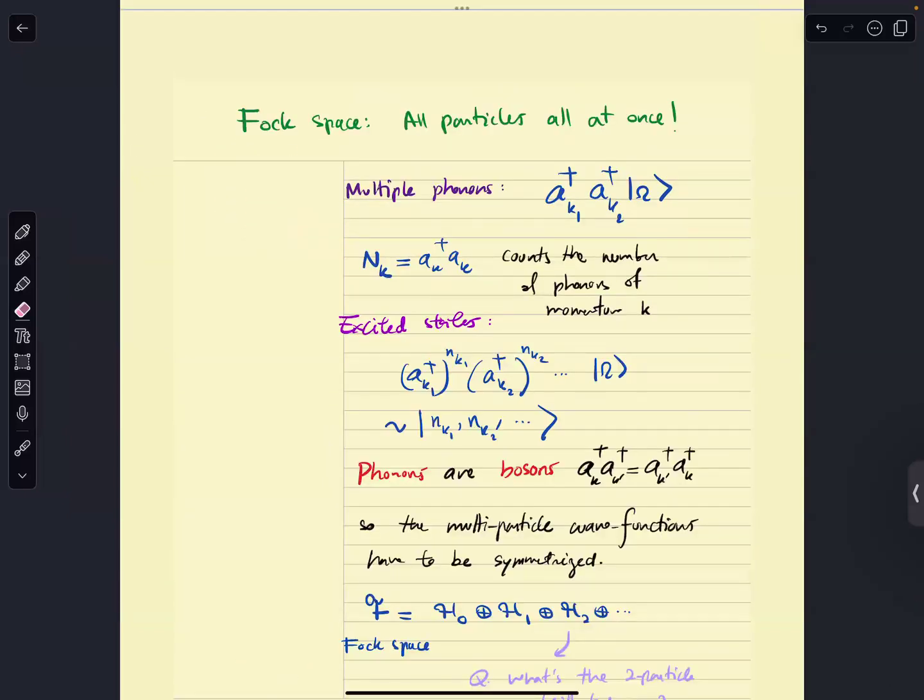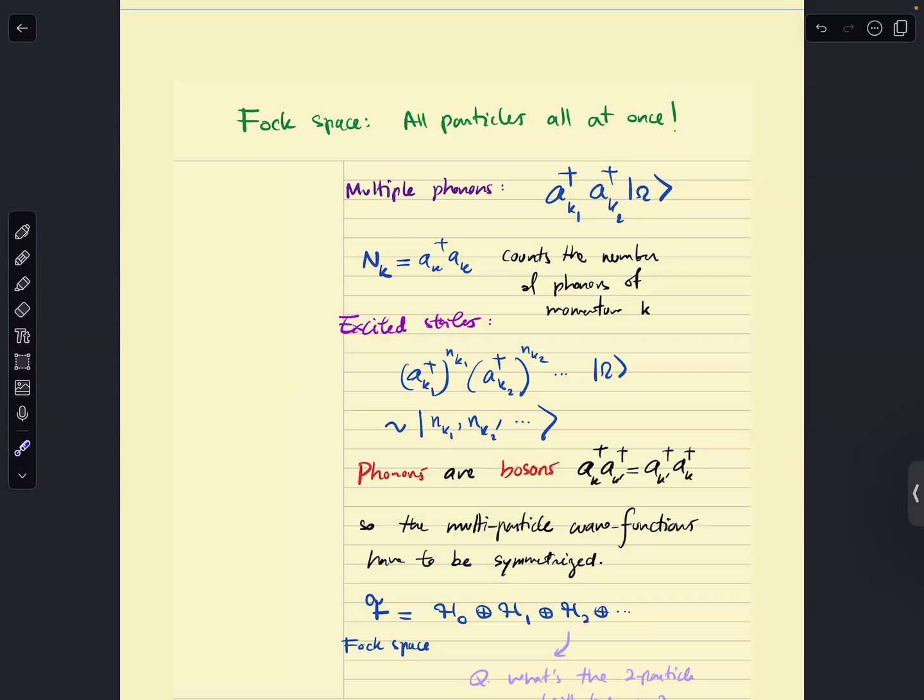All right. I've said in the past many times that quantum field theory is inherently a multi-particle theory. So what we have is a Fock space. We have all the particles all at once. I can have a two-particle state by acting with A dagger k1, A dagger k2.